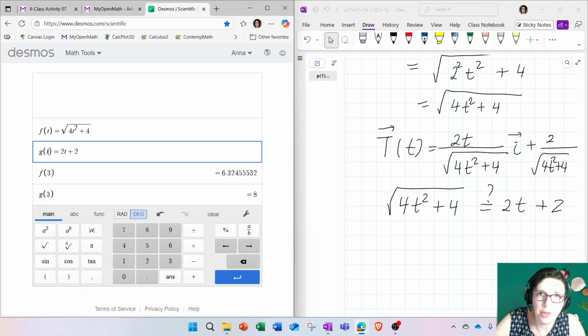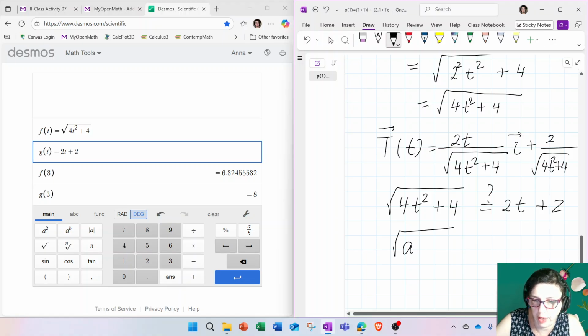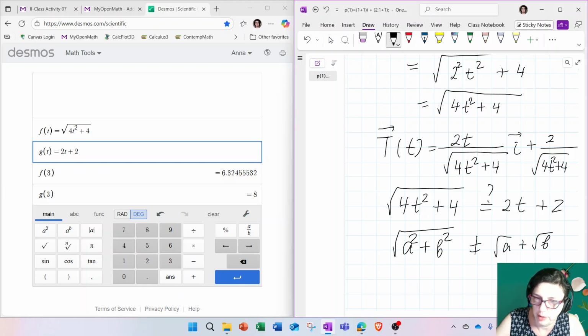You can never break a square root at a plus sign. It does not work. The square root of a plus b is not the square root of a plus the square root of b. That does not work. You cannot break the square root at a plus sign.